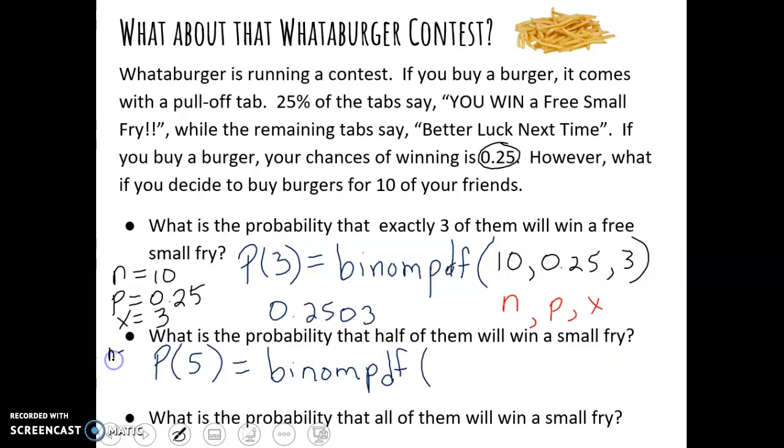Our N is still 10, our P is still 0.25, and our X is 5.